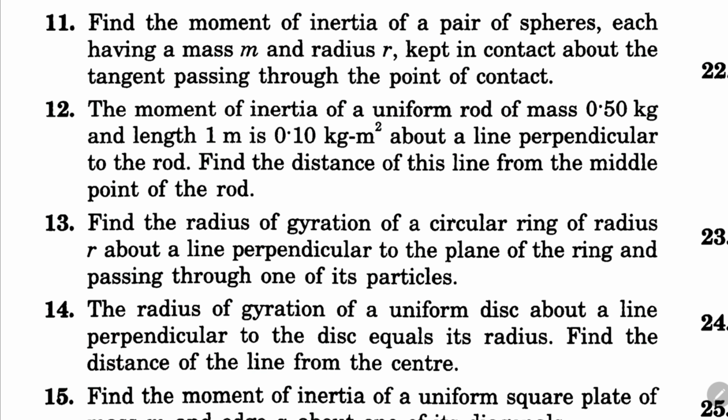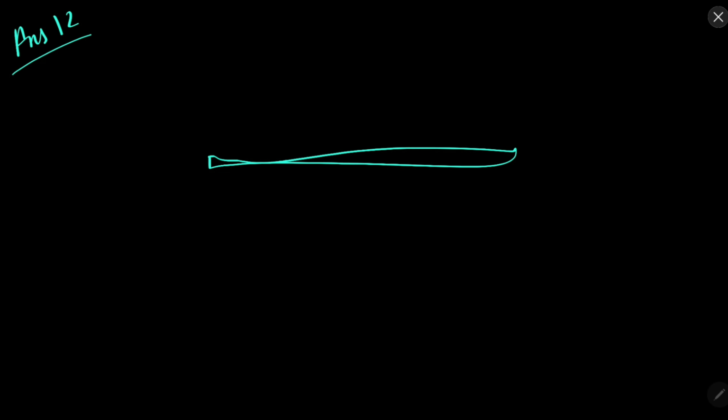In the 12th question we have the moment of inertia of a uniform rod of mass 0.5 kg and length 1 meter, which is given as 0.1 kilogram meter square about a line perpendicular to the rod. Now we need to find the distance of this line from the middle point of the rod. So let's first try to draw the diagram. Let's say this is our rod.